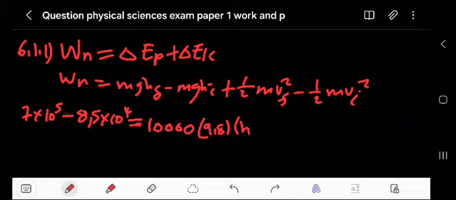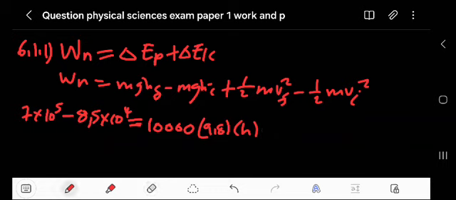Then 10,000 multiplied by 9.8, right? Then the initial height is 0, so this will simply cancel it away because 0 will cancel all of this, so there's no need to write that.